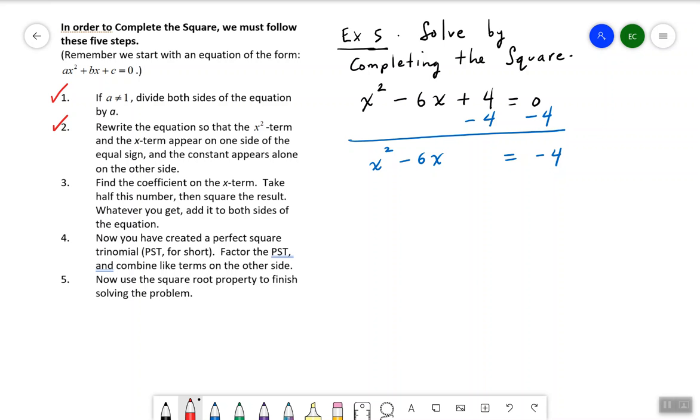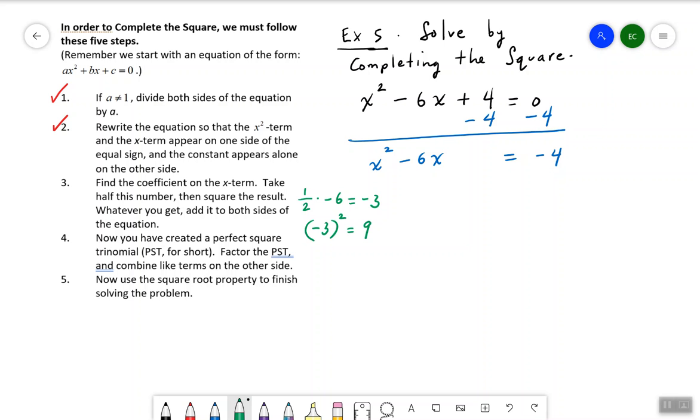So a special step here: find the coefficient on the x term. Here it is, it's negative 6. Take half of this number and then square the result. So half of negative 6 is negative 3, and negative 3 squared is 9.